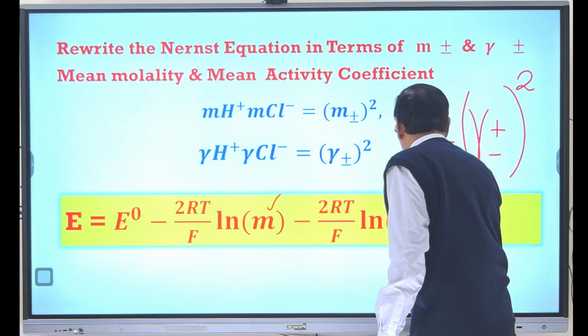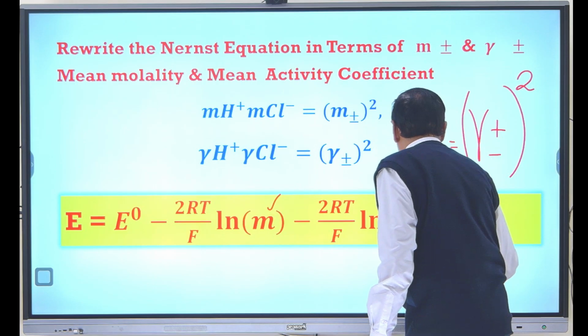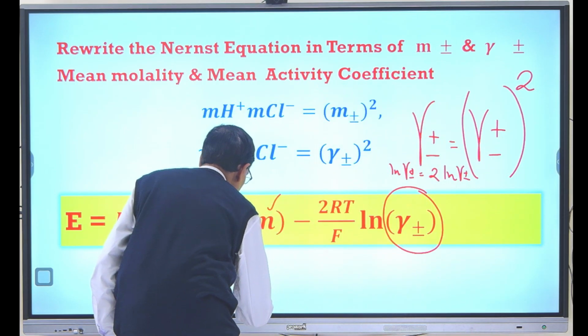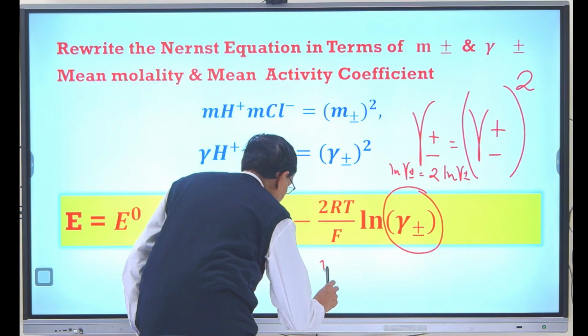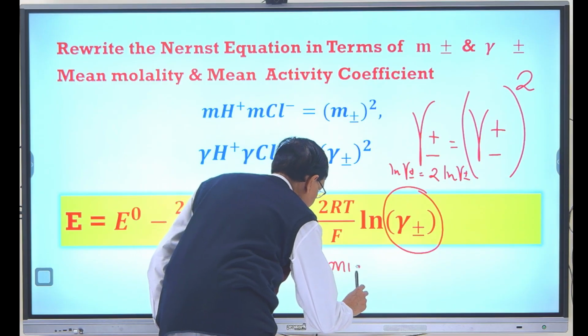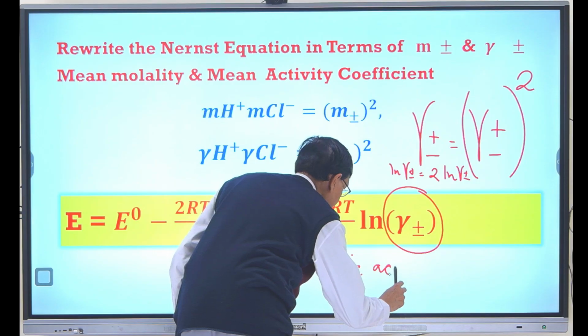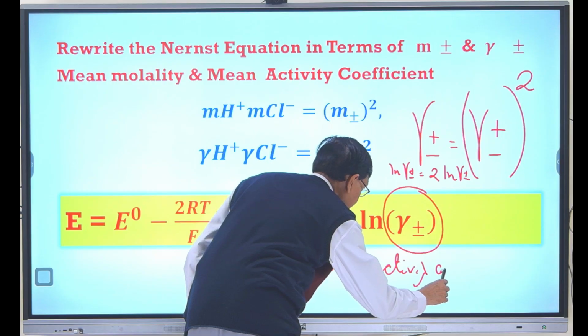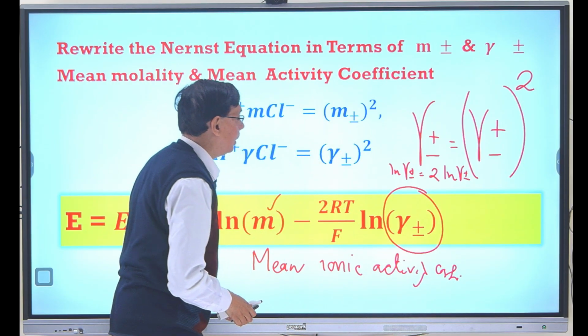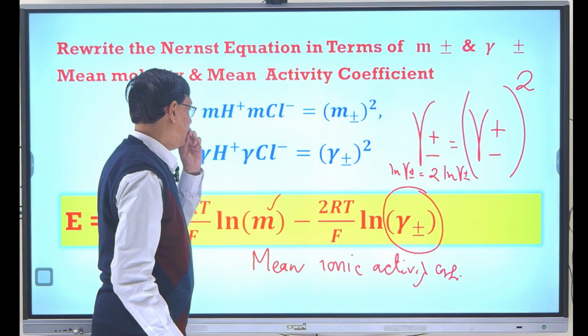But here it is now actually the mean ionic activity coefficient, which is our objective, how to determine this mean ionic activity.